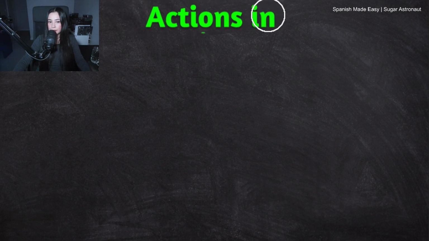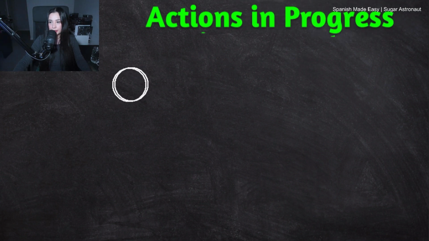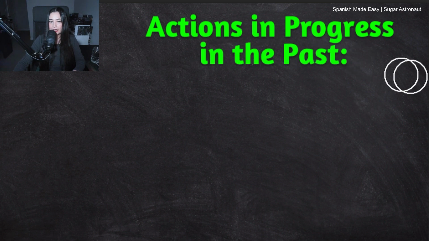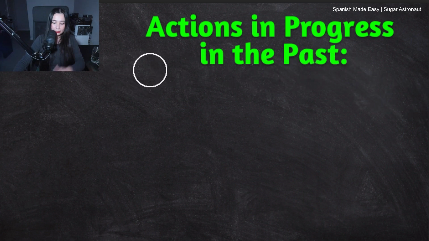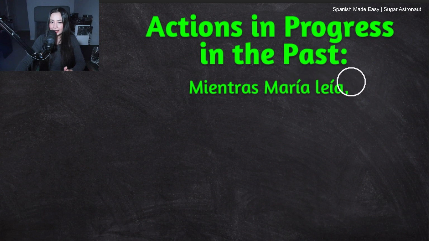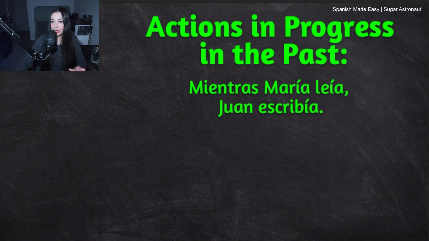So the next use is actions in progress. Actions in progress in the past. So we're talking about actions that were happening in the past. Okay, so we're not talking about present here. For example, mientras María leía, Juan escribía.